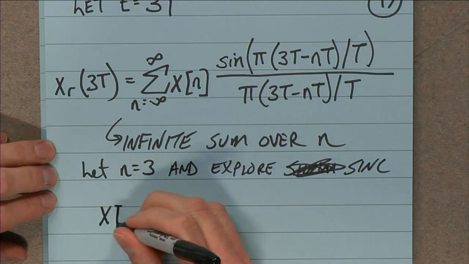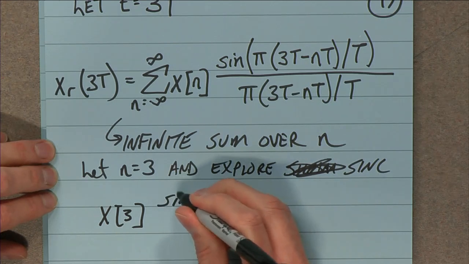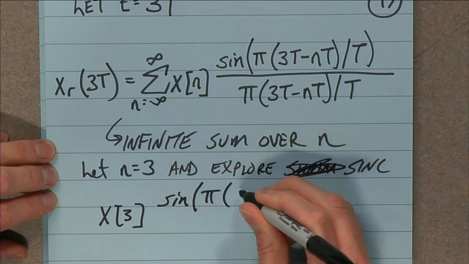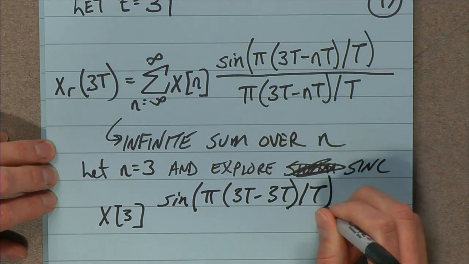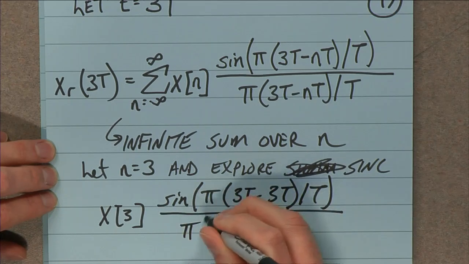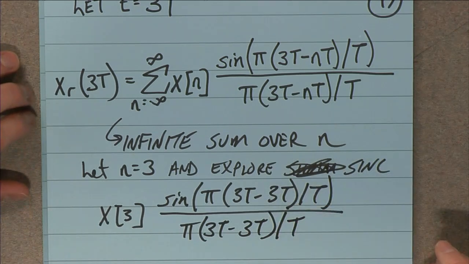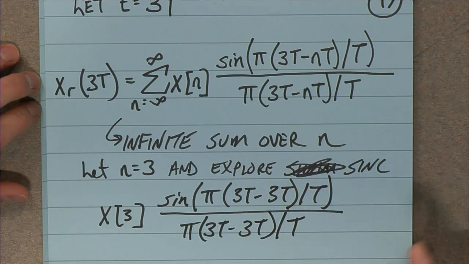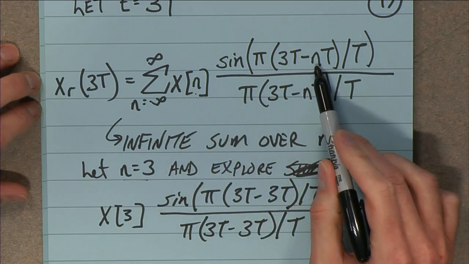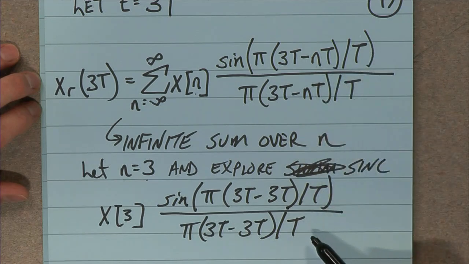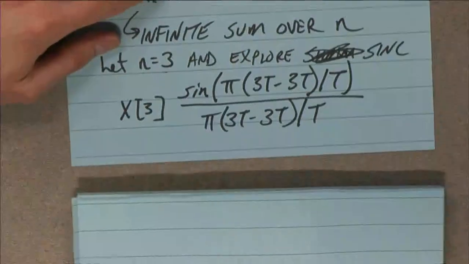Well, it's x of 3, right? That part's easy. And then we've got sine of pi times 3T minus 3T all over T, and the whole thing is pi times 3T minus 3T all over T. So we're just letting n equal 3. This n is 3. Everything else is just dragged down here, and we're looking at one of these n's out of the plus and minus infinity just to see what happens.